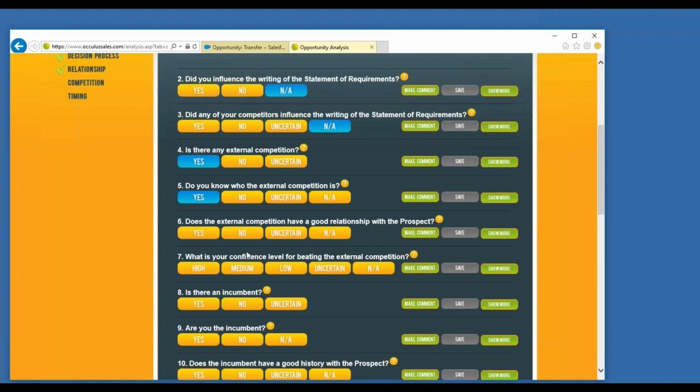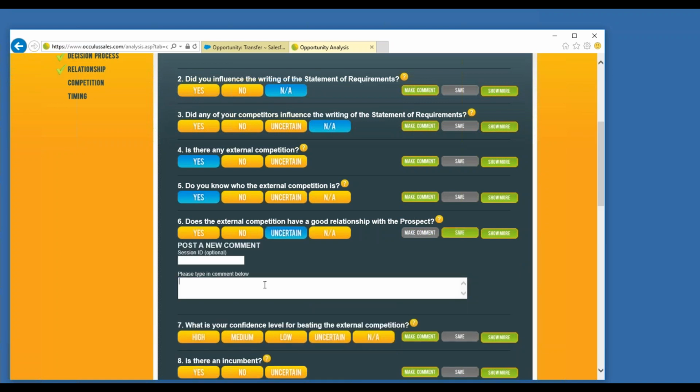Does the external competition have a good relationship with the prospect? I don't know. I'd like to say no, but I'm not sure that I can. I'm not sure that I can say yes either. So I'm going to take this question under advisement. Make a little note to myself.